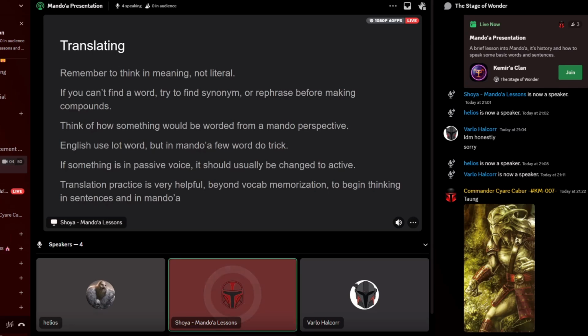Translating. This is basically it. When you translate something, you have to remember that it's not English. Don't translate word for word, try to translate what the word means instead. And try not to use English idioms or English phrases.